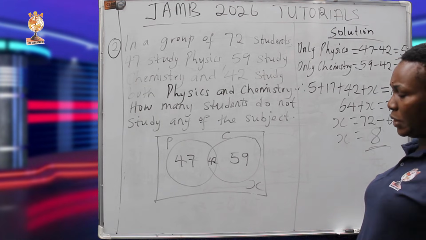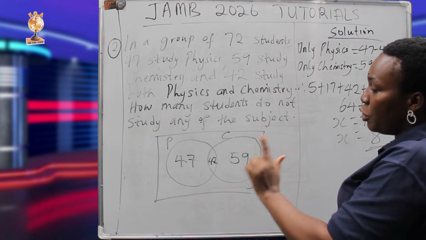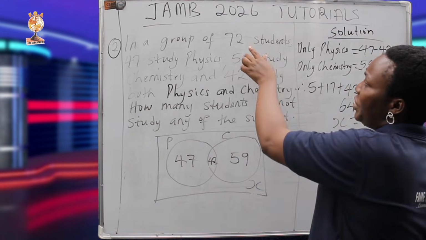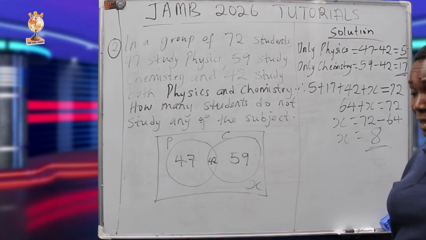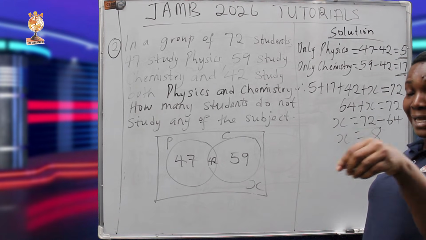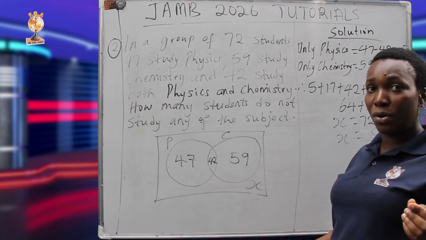So let me explain some things. When you see a question like this, please don't jump and start adding this plus this plus this plus this, everything equals 72. You will get a wrong answer. You might even solve it like that and see an option like that with your answer, and you'll think, I've gotten my answer. It is wrong.